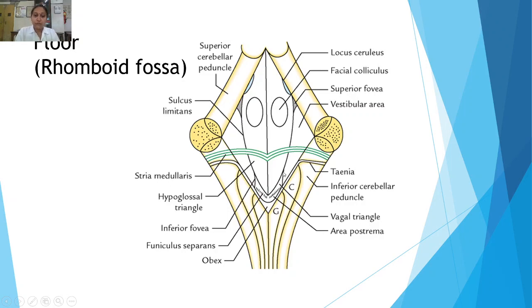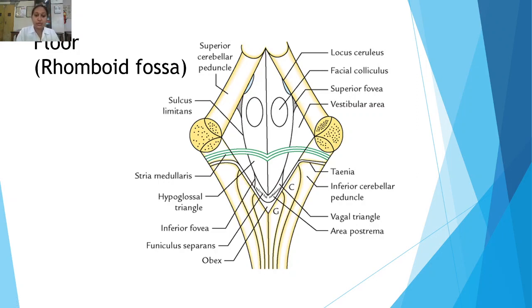Then the inferior fovea is this point. At the level of the inferior fovea, the sulcus limitans turns medially to meet its opposite fellow. In the midline, the two sulcus limitans meet. This divides the area of medial eminence into two triangles. This upper medial triangle is the hypoglossal triangle.